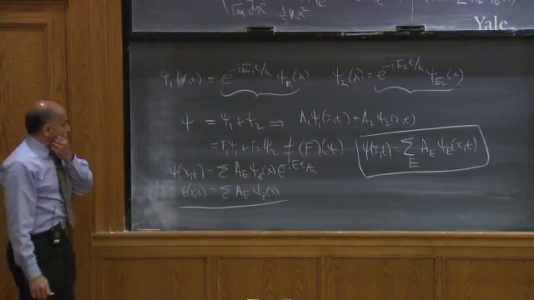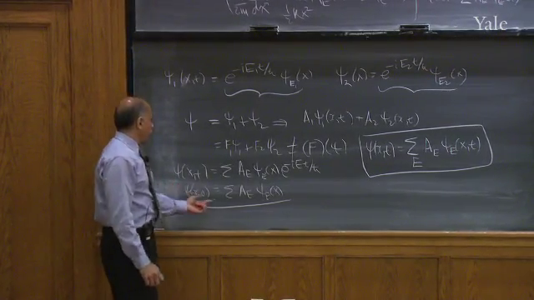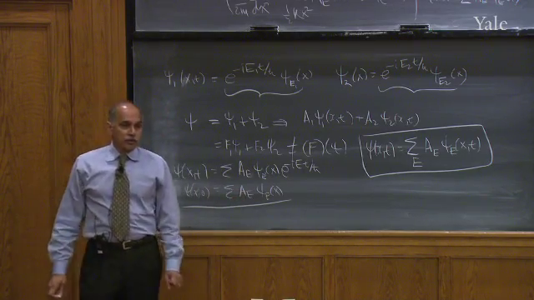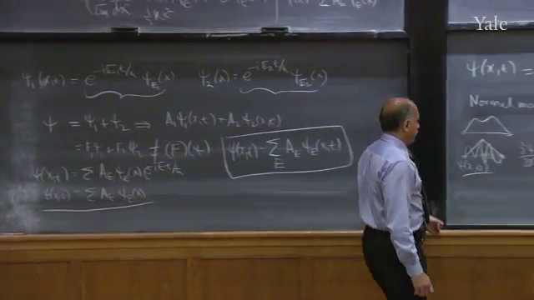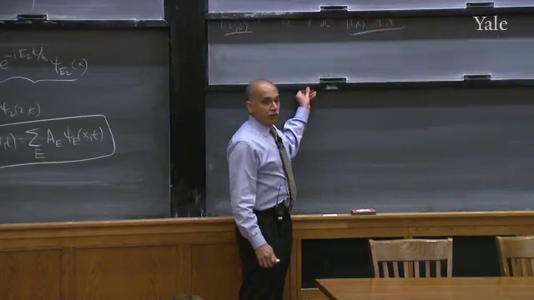In other words, I can only handle those problems whose initial state looks like this. But my question is, should I feel limited in any way by the restriction? Do you follow what I'm saying?